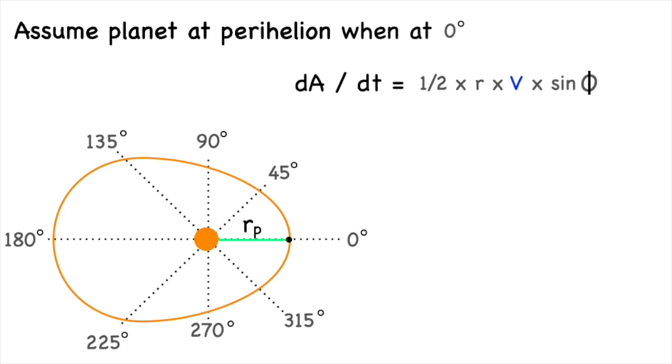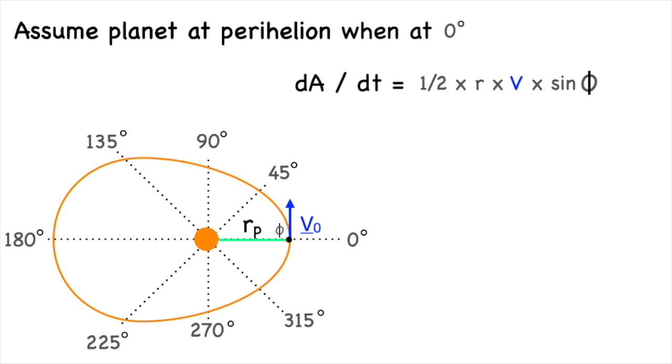Let Rp equal r at perihelion, and v0 equal the velocity vector at this moment. The angle phi must be 90 degrees based on the argument we made earlier. At perihelion, the planet is in a transition state from a prior time when r was getting smaller and phi was less than 90 degrees, and a future time when r is going to get larger and phi will be more than 90 degrees.